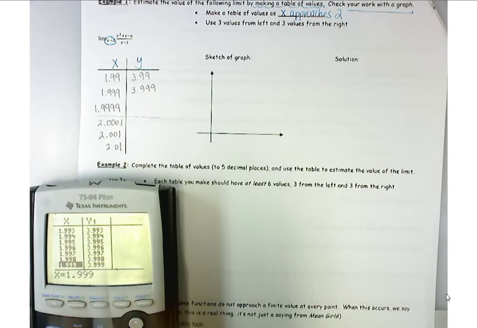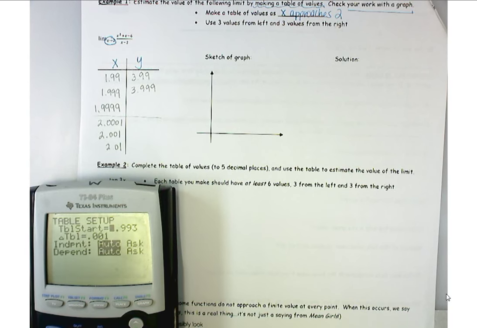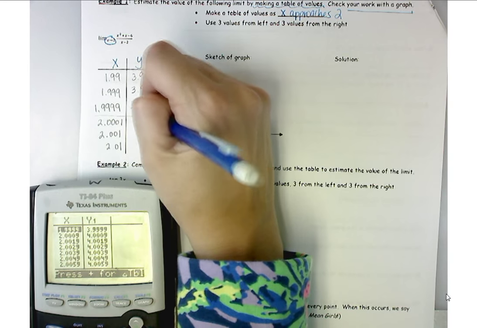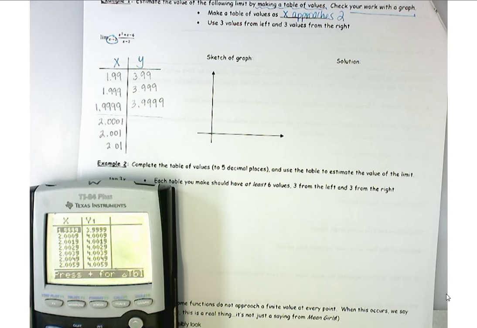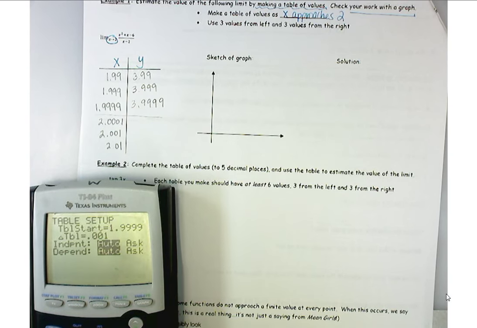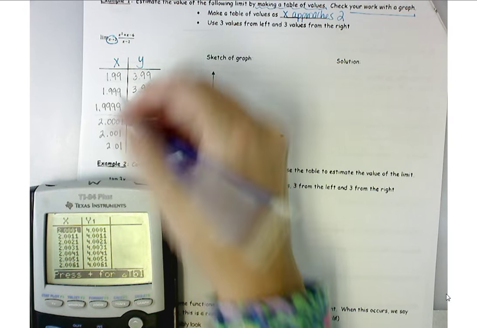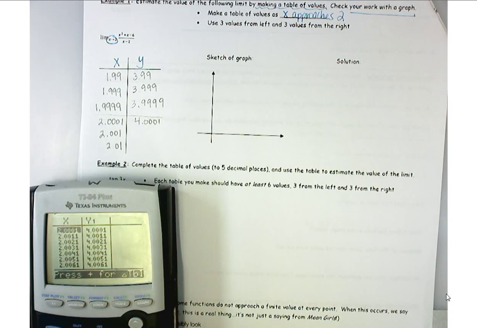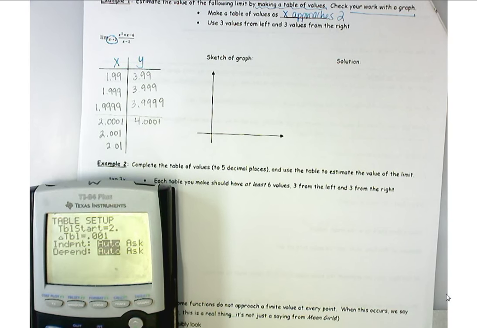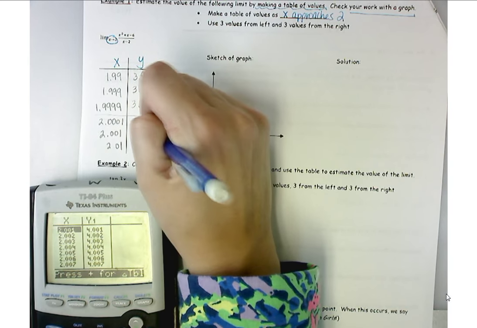And some of these you're going to notice some really nice patterns, such as this one where you're just adding the 9 each time. And then here I'm going to go to 2.001 and get 4.001.